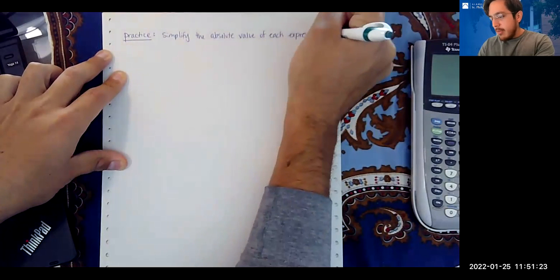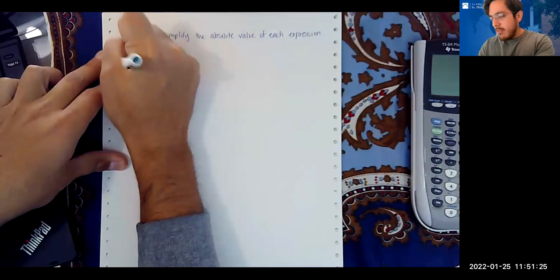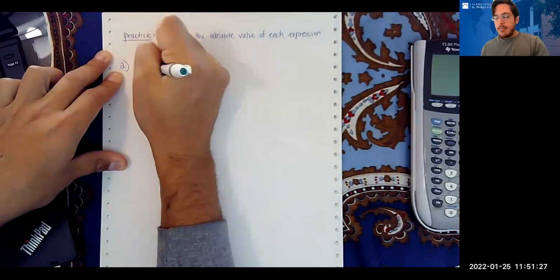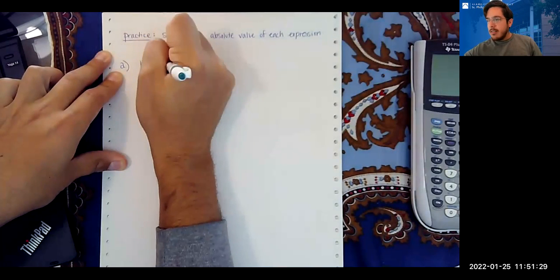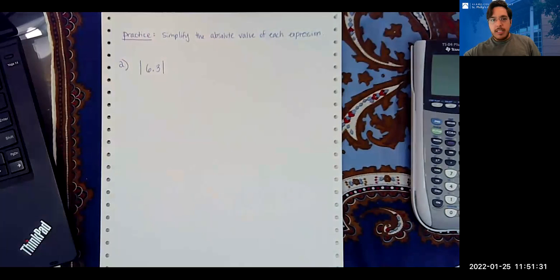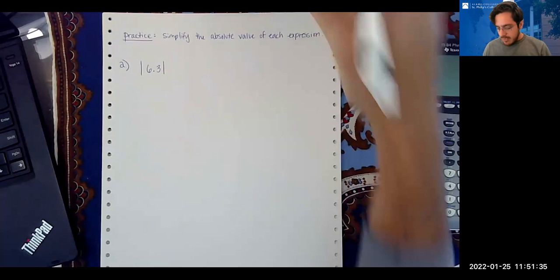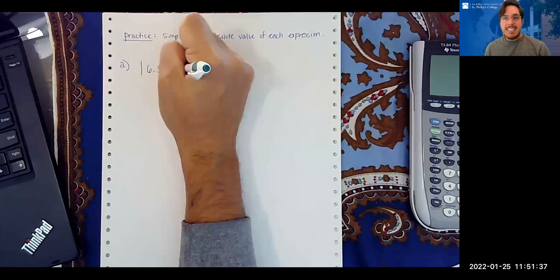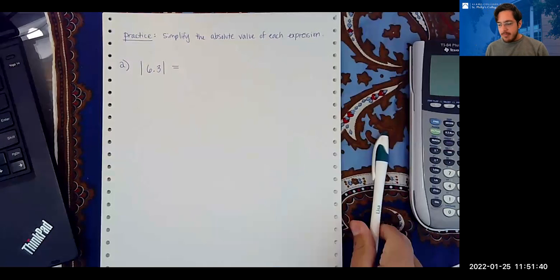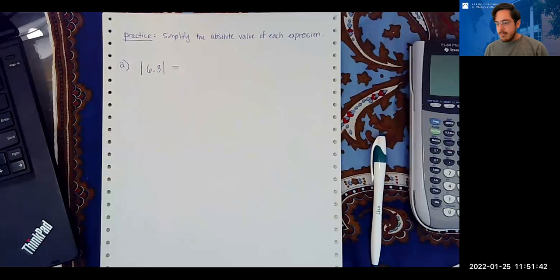Can anybody tell me what the absolute value of 6.3 is? Let me see if I can make that sharper. There we go. Does anybody know what the absolute value of 6.3 is? What is its distance from 0? Is it just 6.3? That's exactly right.